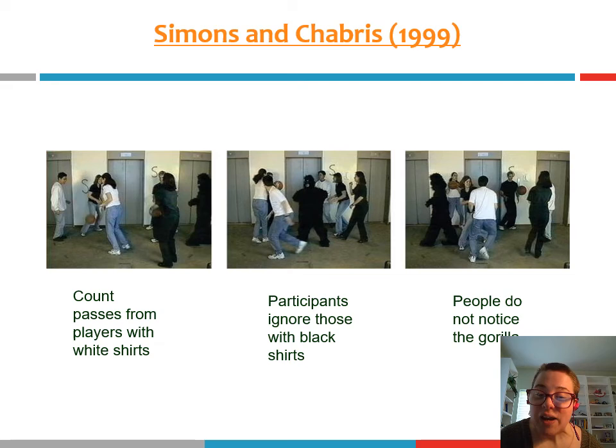So this is a very unexpected and, again, very obvious, very visible, or very perceptible event in the scene. Okay, so again, after 45 seconds, a woman with an umbrella or a person in a gorilla suit walked through the scene.